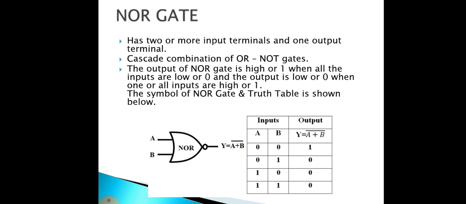The output of a two-input NOR gate is low if any one or all the inputs are at high level. Means it shows high output only when both inputs are 0, and it shows 0 output when any one of the inputs is high.